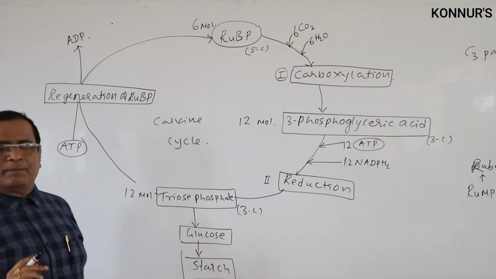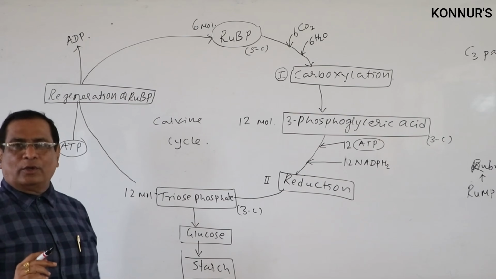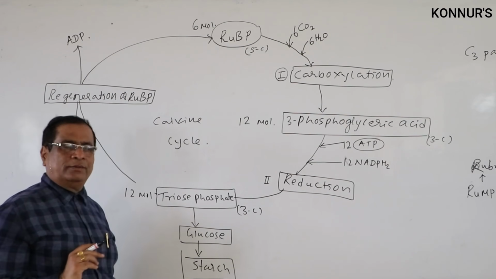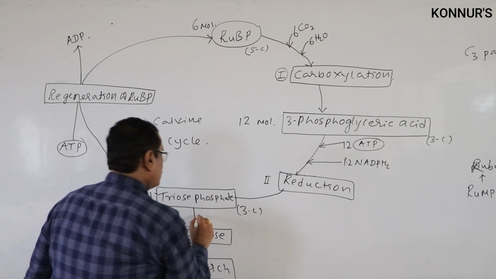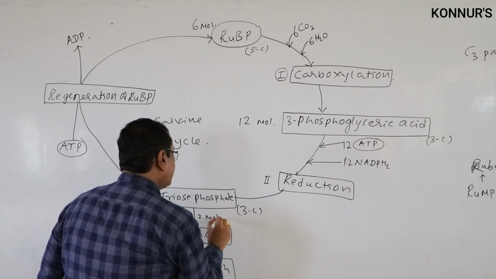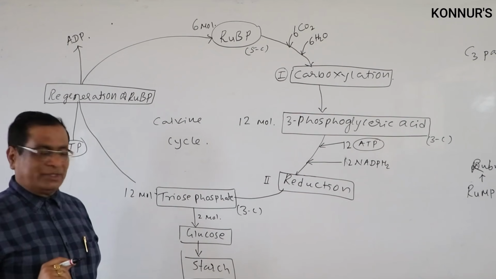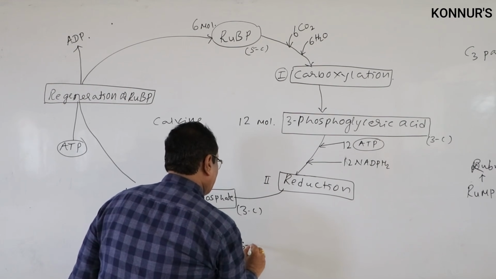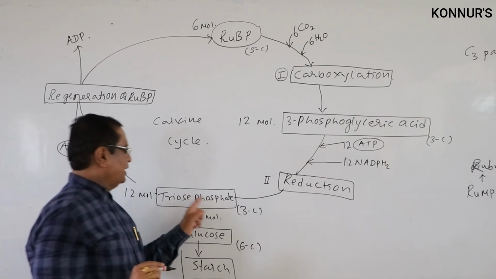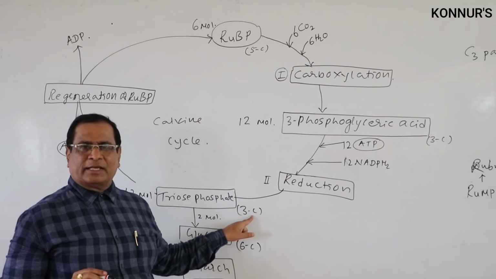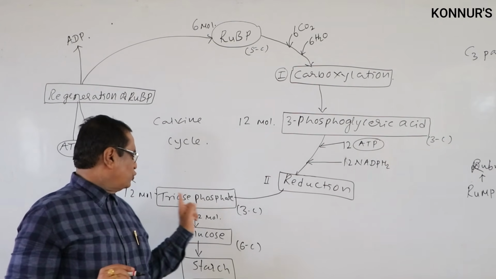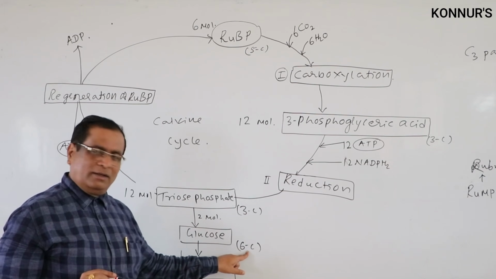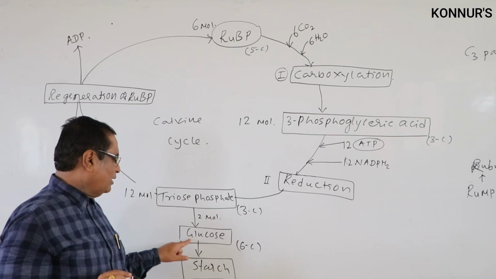Of these, just 2 molecules are used to generate 1 molecule of glucose, which has 6 carbons. In 1 triose phosphate, 3 carbons are there, so we need 2 triose phosphates to form a 6 carbon glucose.